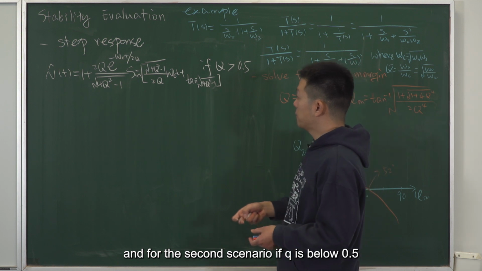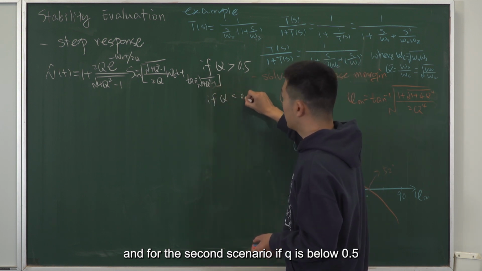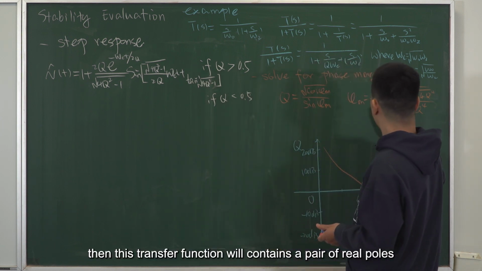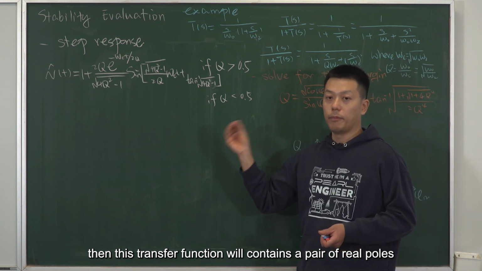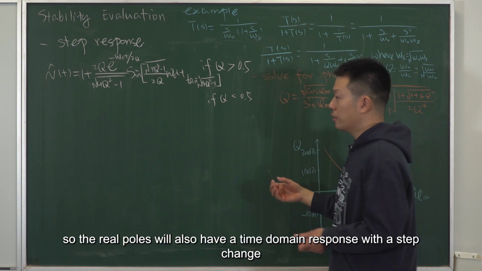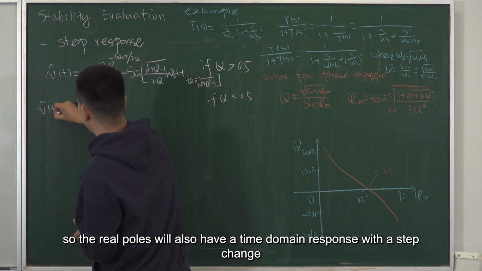And for the second scenario, if Q is below 0.5, then this transfer function will contain a pair of real poles, right?